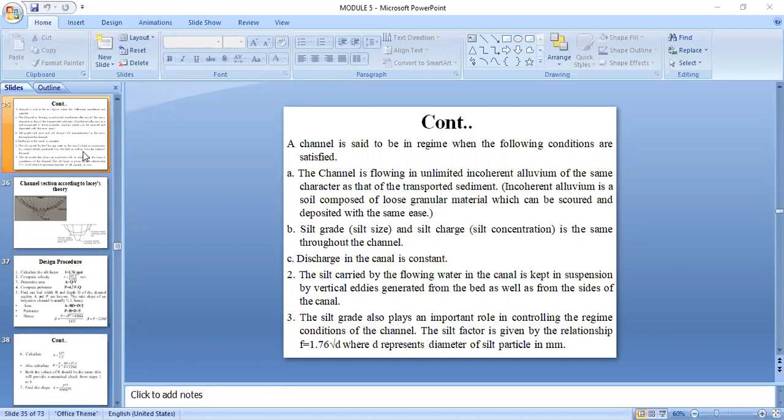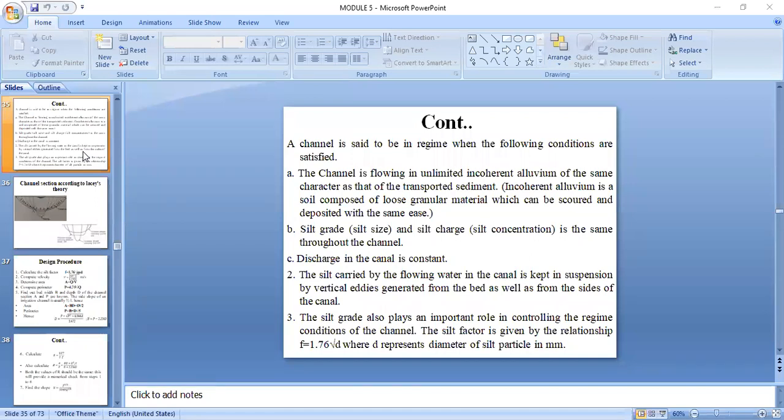First, the same incoherent alluvial soil, that is soil composed of loose granular material, is carried along with the flowing water, and the silt grade and silt charge are assumed to be the same, and the discharge is assumed to be constant. The silt carried by the flowing water is due to the vertical currents generated from the bed as well as from the sides of the canal.